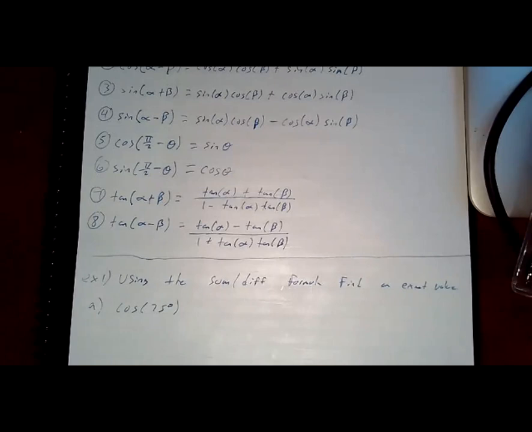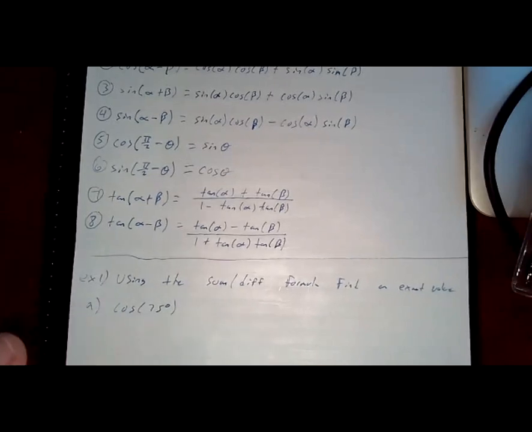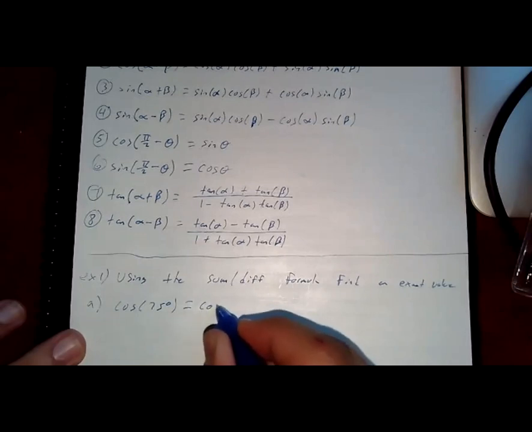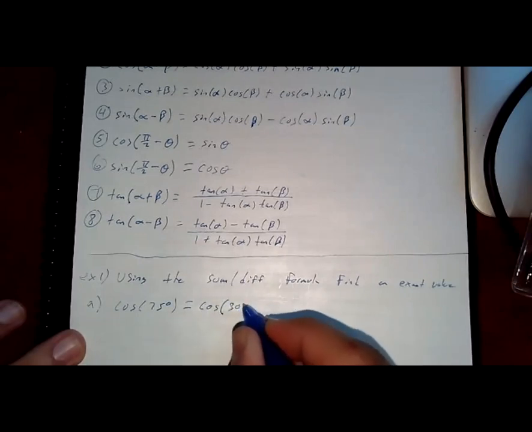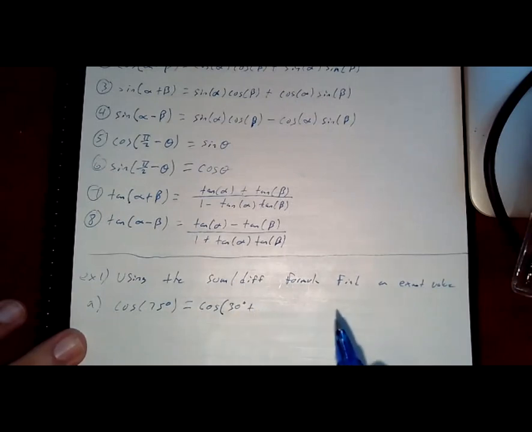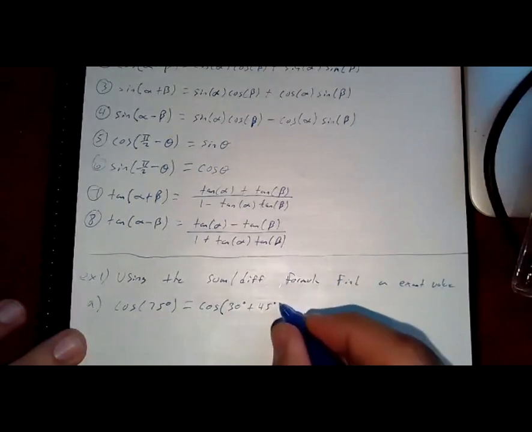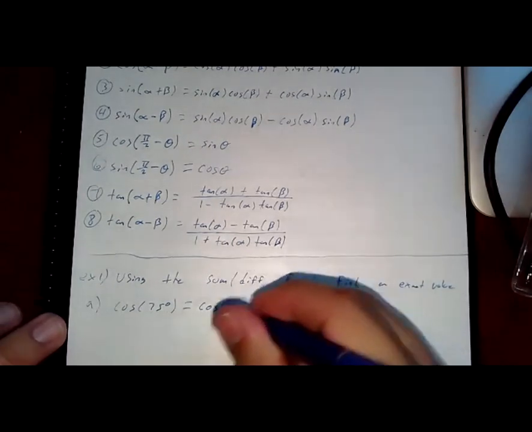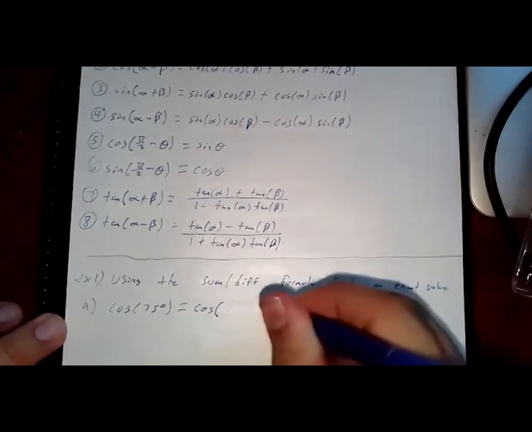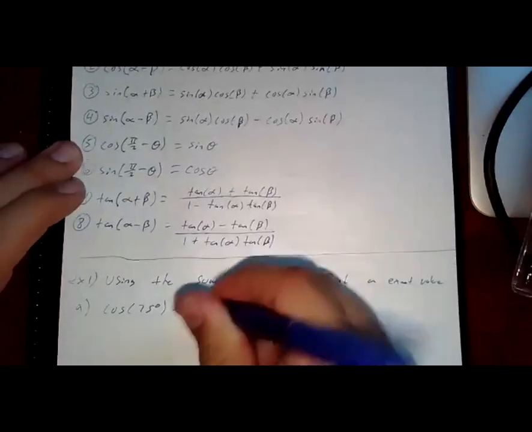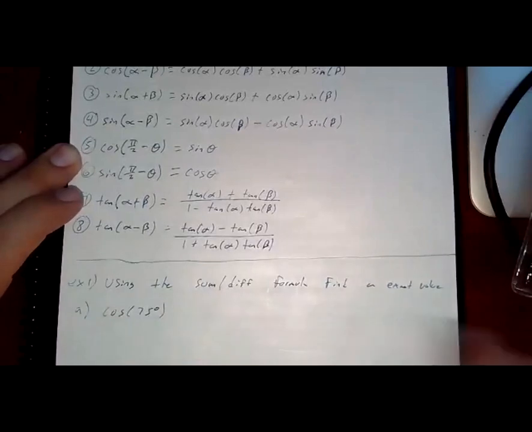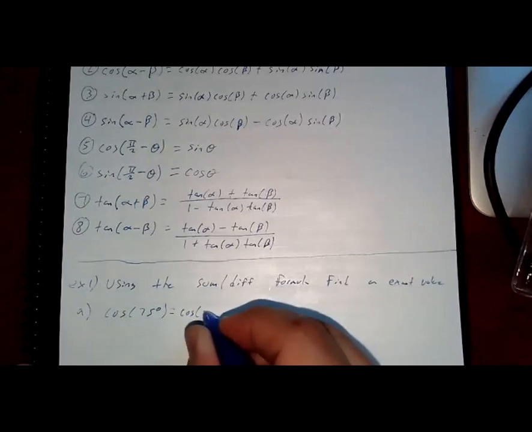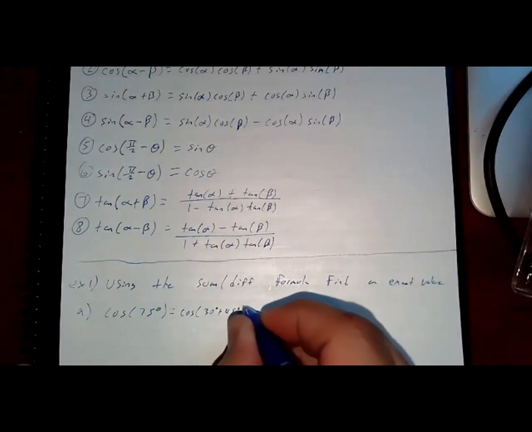Cosine 75 is not on the circle, but we can easily break it into a sum of things that are on the circle, right? So this is simply cosine 30 plus 45.